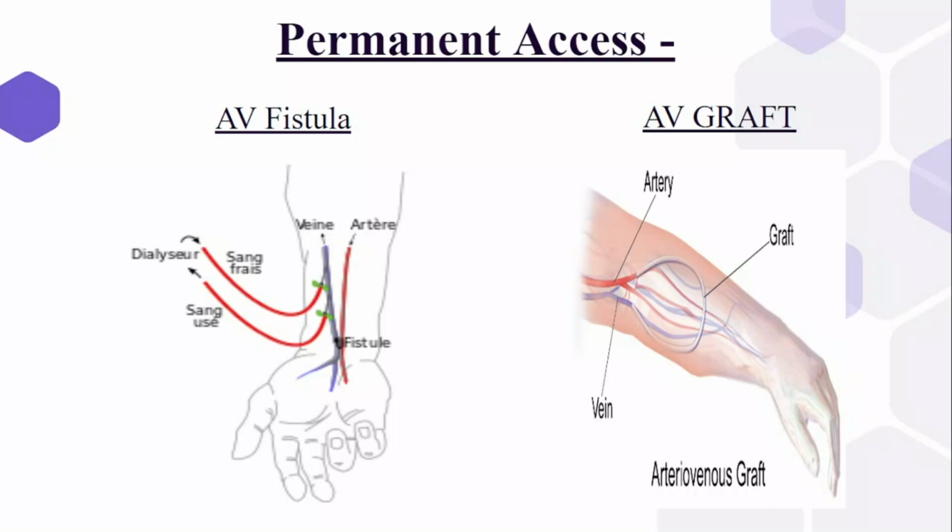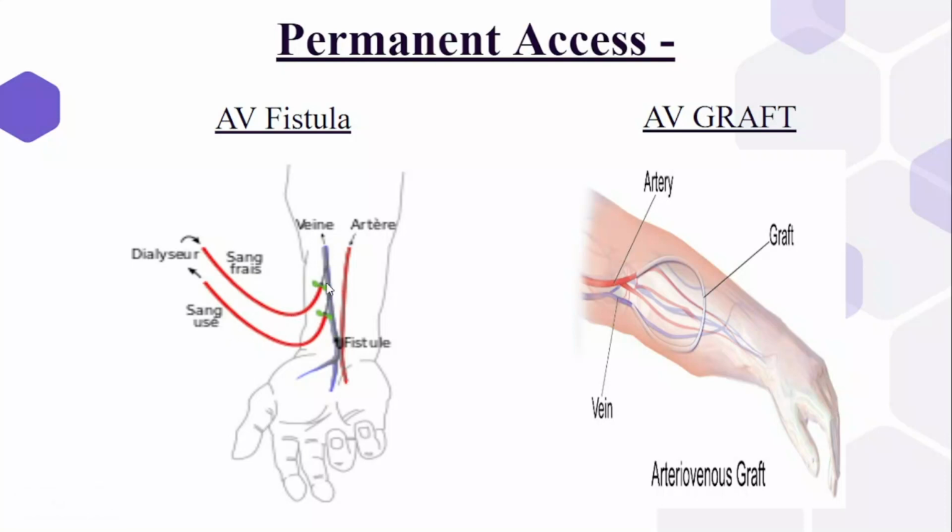You can easily see the AV fistula and the AV graft, right? Your artery and vein get connected, and then you are making a fistula, right? And then you can cannulate easily and your blood is accessed through the AV fistula, right?